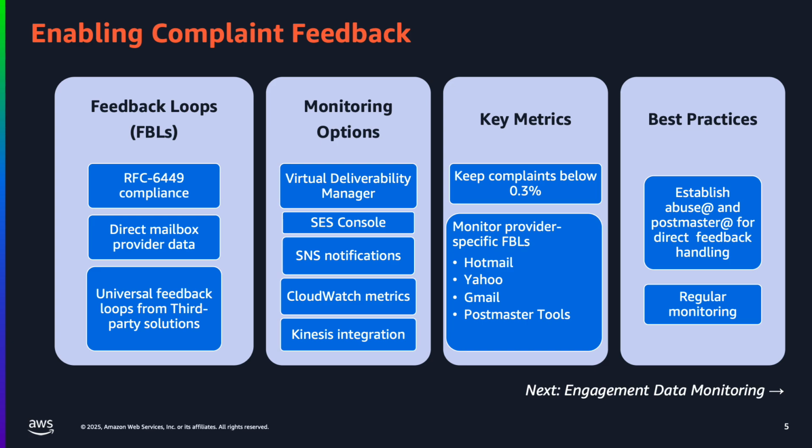One of the major considerations for complaint levels is that rates typically need to stay below 0.3% to avoid deliverability risk. In today's email landscape, senders need to stay aligned with the bulk sender requirements for complaints.